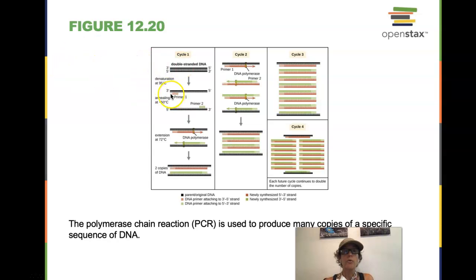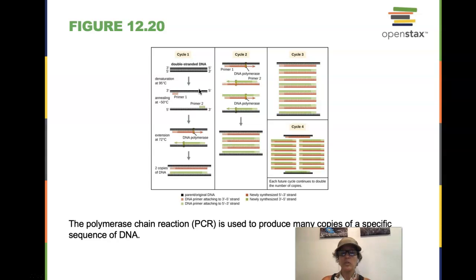Then we have primers that are short stretches of DNA that we know the sequence of, and we know that it will give us the ends of this gene that we're looking for. So if we know nothing about the DNA sequence of the starting material, we can't do PCR.